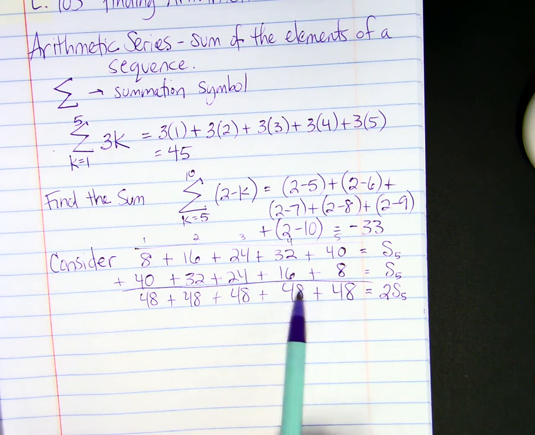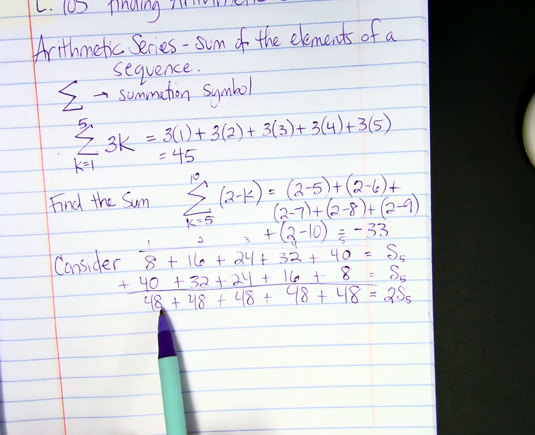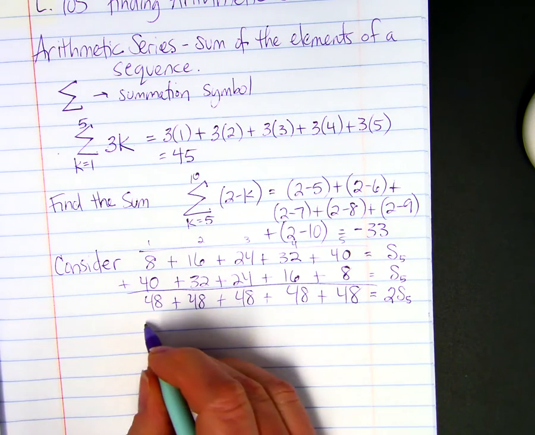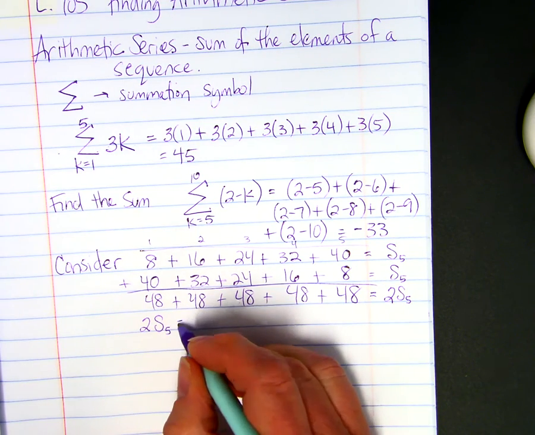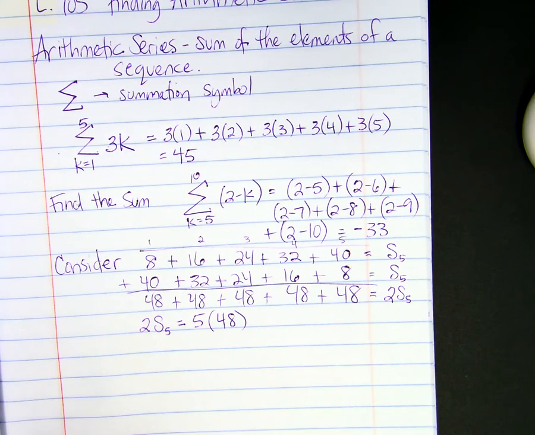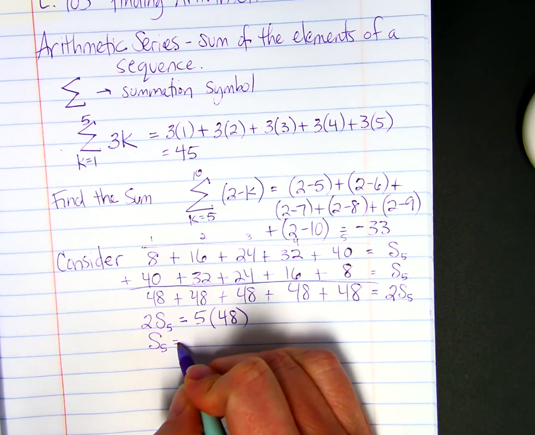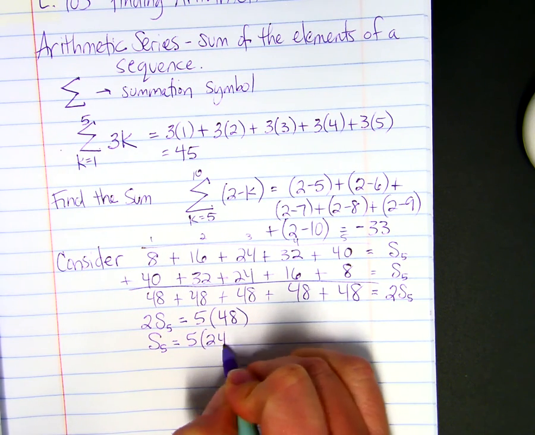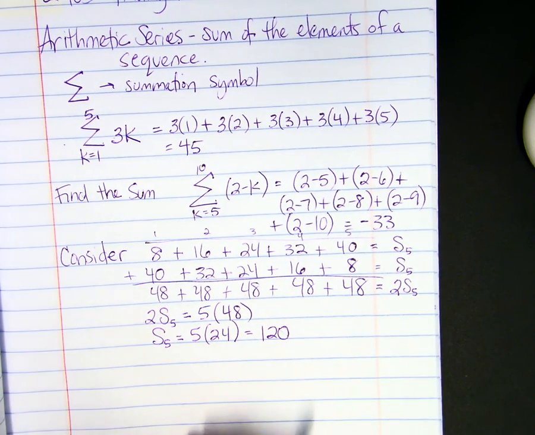So 2 times the series of those 5 terms is equal to 5 times 48. Then we divide by 2, which is 120.